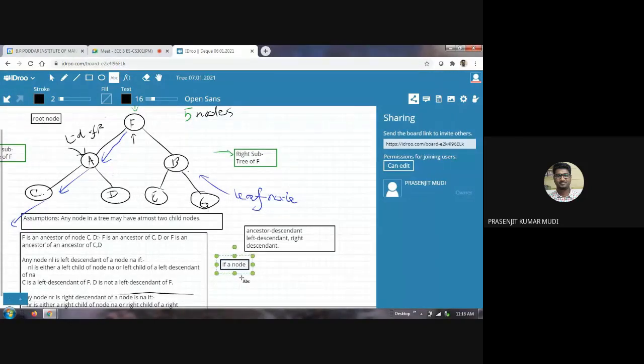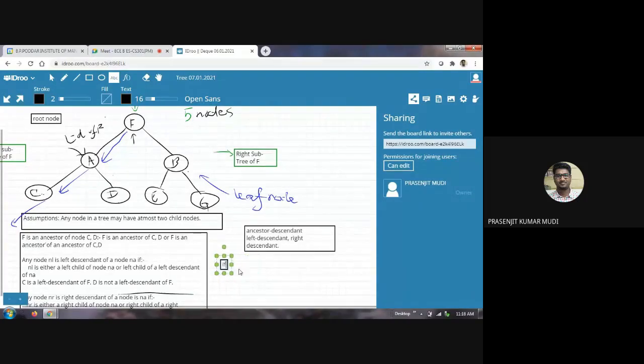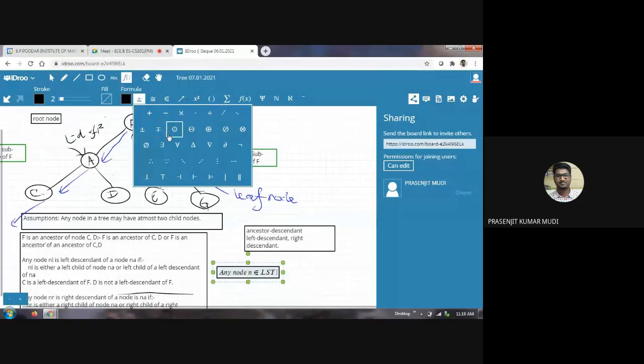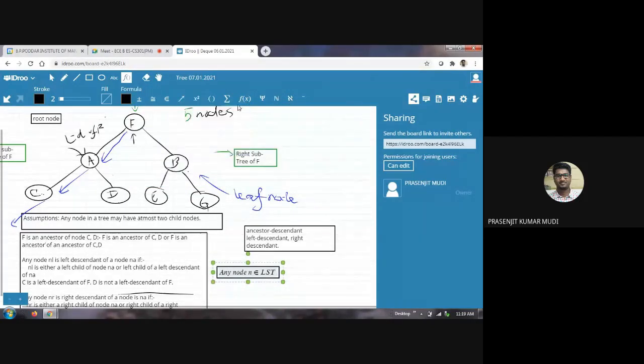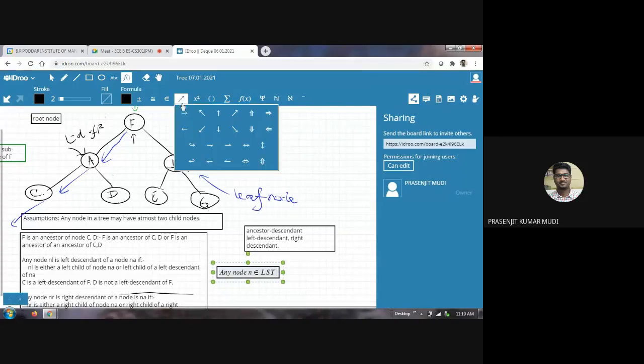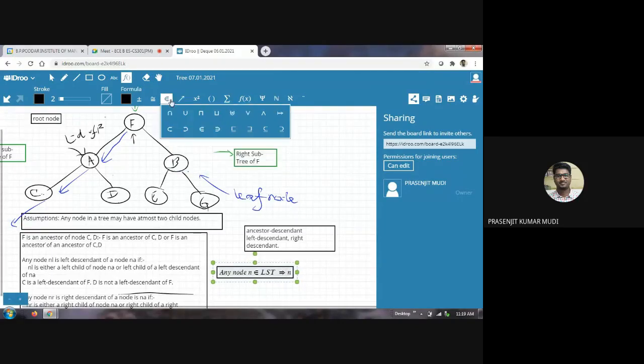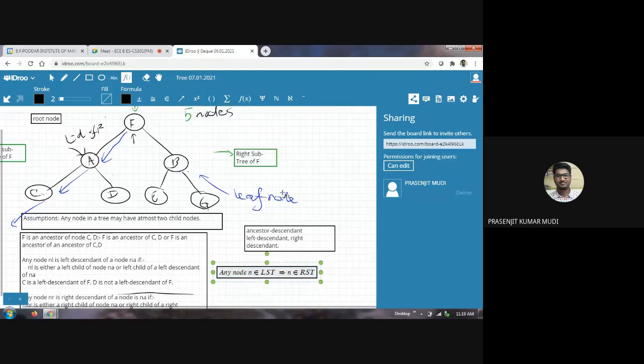If any node n belongs to the left subtree, it implies that n does not belong to the right subtree.